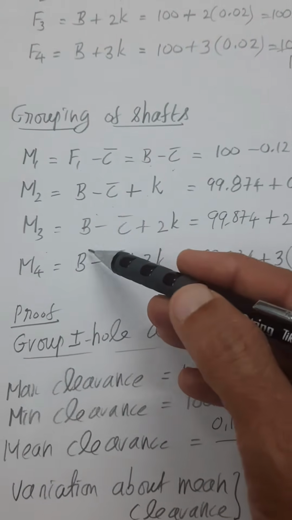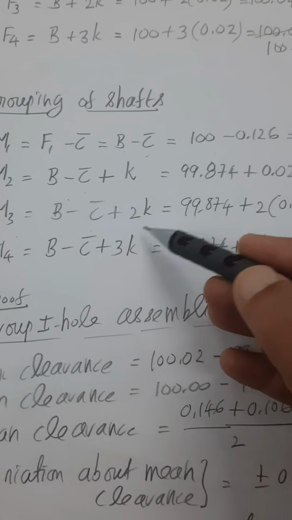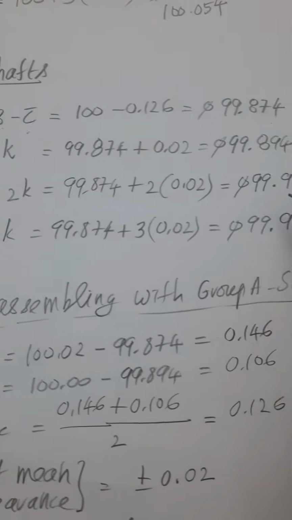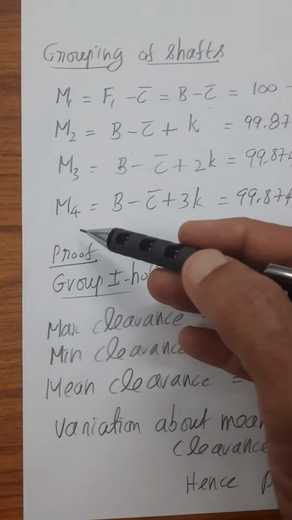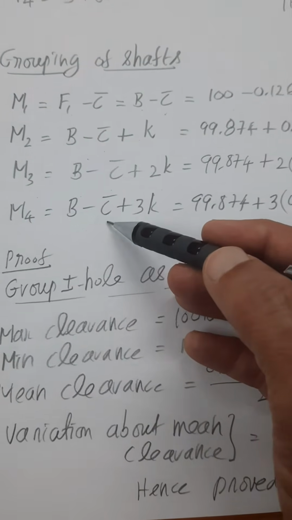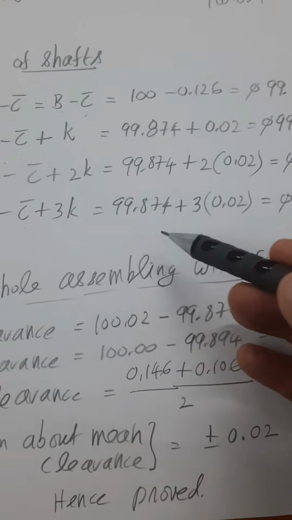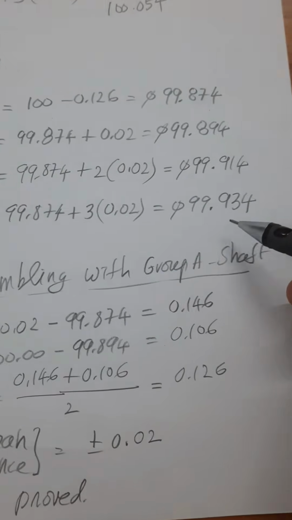M3 is B minus C bar plus 2K. This value comes to 99.914. M4 is B minus C bar plus 3K. This value comes to 99.934.